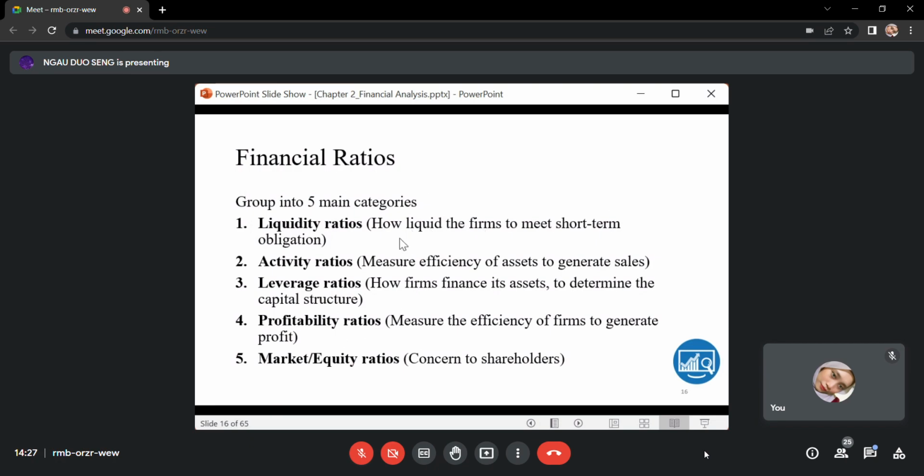Meaning, adakah syarikat boleh membayar short-term obligation, utang jangka pendek. Contoh, kalau interest dia kena bayar kepada bank, every month the company needs to pay interest under current liabilities, right?